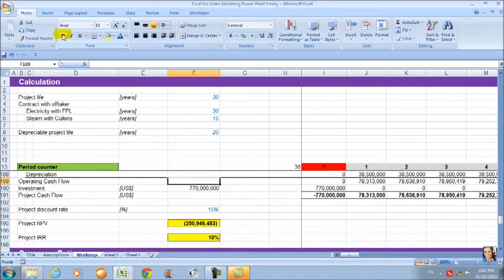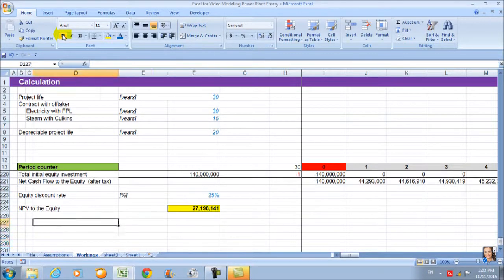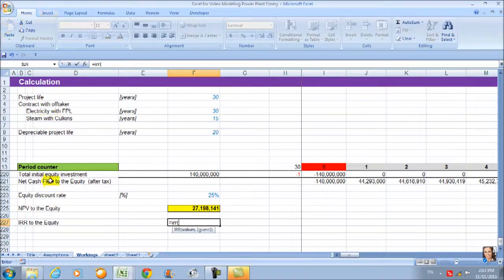Because your project NPV is negative, but your NPV to equity is positive. Okay, I'll check the IRR to the equity. Just put IRR. So it's 31%. Not too bad.